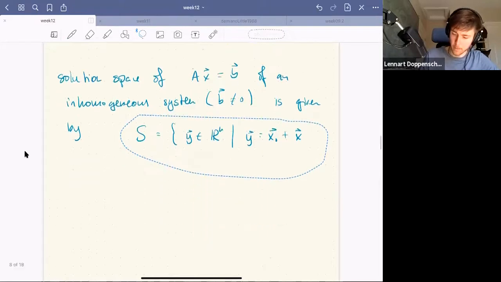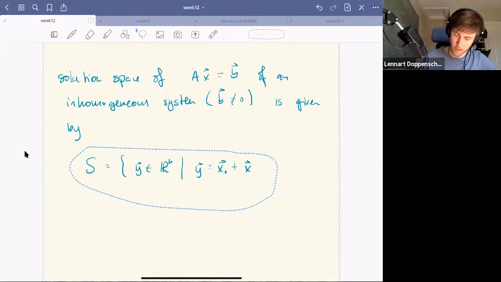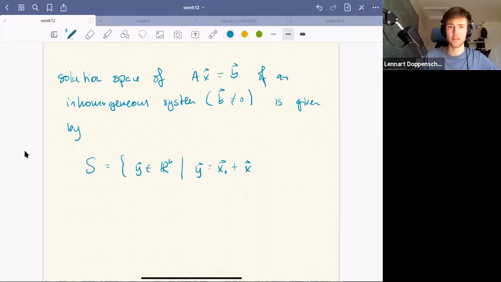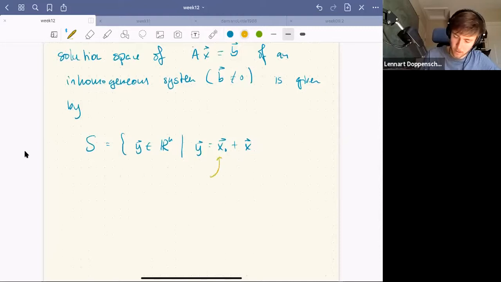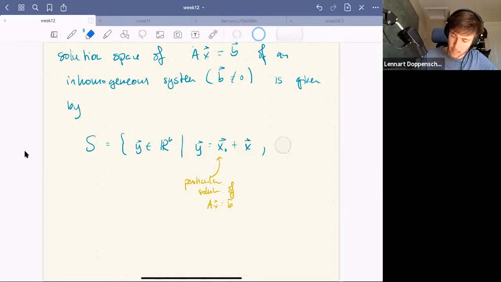Now I'm counting on your memory of the things you learned in 223, because this was a particular solution of Ax equals b. So you need to find one particular solution of this, and x is a solution of the homogeneous system.